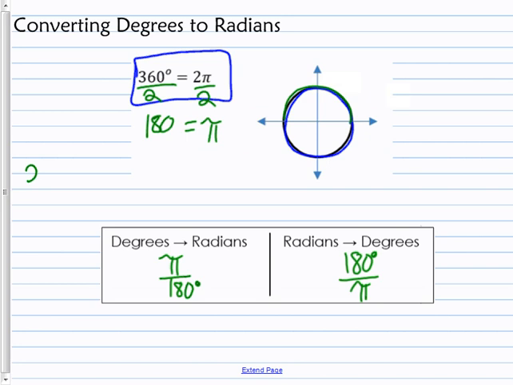So for example, if I have 360 degrees and I want to change it into radians, I'm going to multiply it by pi over 180 degrees, because then those degrees cancel each other out. So if it's in degrees, degrees goes on the bottom. If it's in radians, pi radians goes on the bottom, because that's what I'm trying to get rid of.